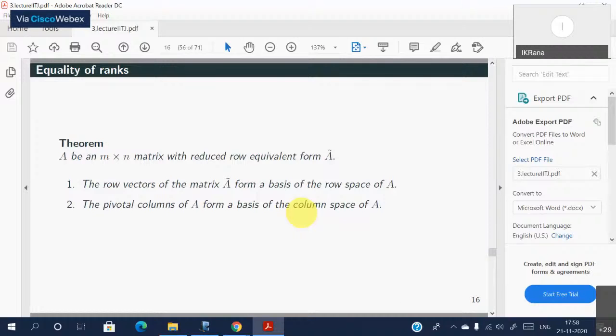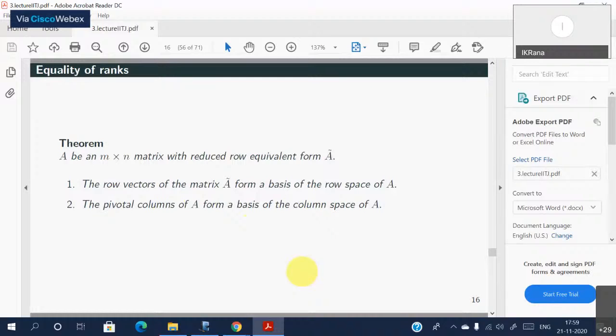Columns may change, but whatever is independent in A remains independent. Those columns remain independent in A tilde. So to pick up the independent columns of A, you just have to look at the pivotal columns of A, and that gives you the independent columns.